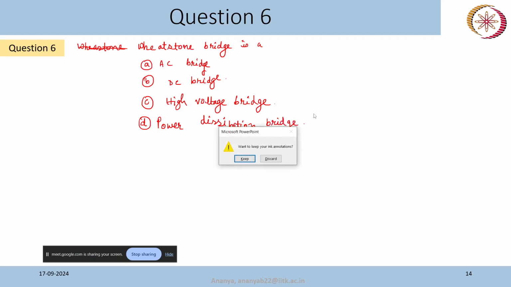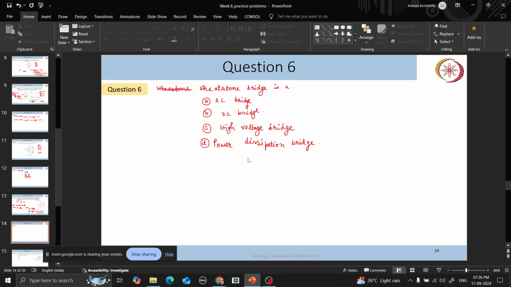Which term is a what type of circuit? So what is the answer? It's a very simple question. Just write the answer.